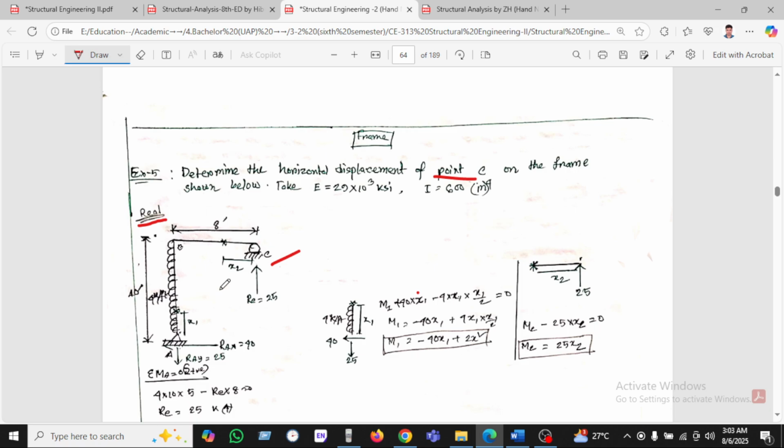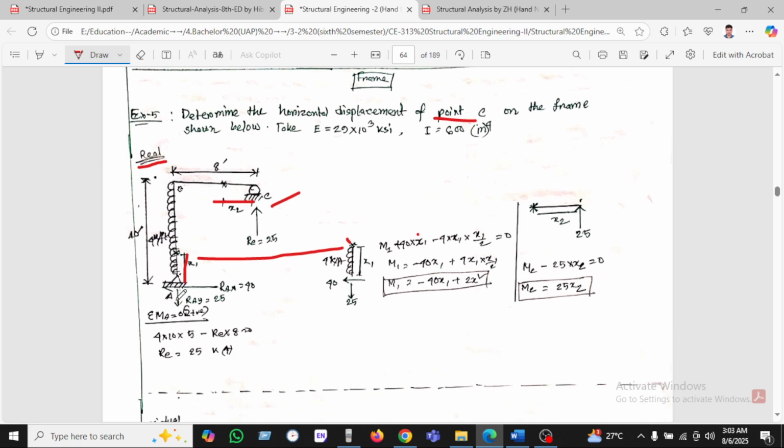We can take two portions, x1 and x2. For x1 we are taking the moment here, at first calculating the moment. M1 is 4 into 10 into 5.